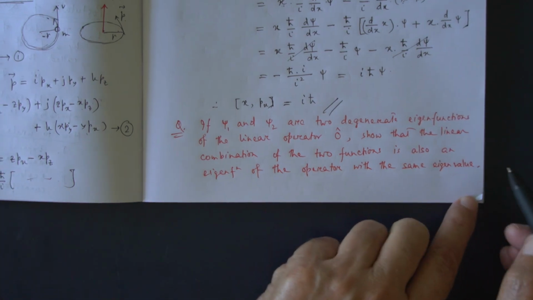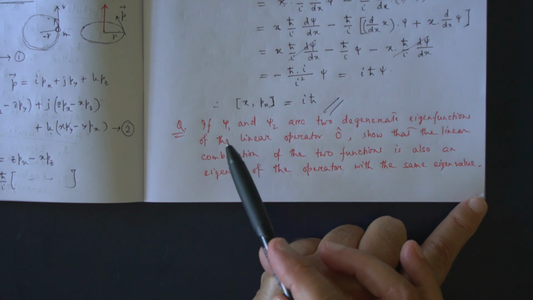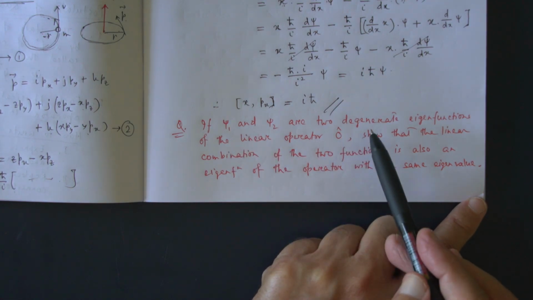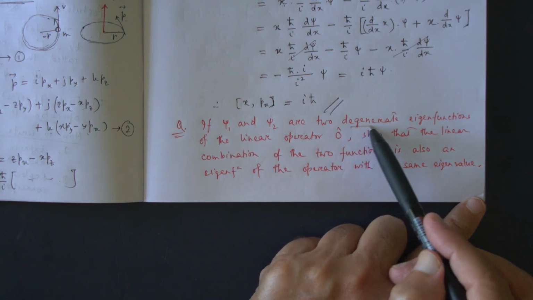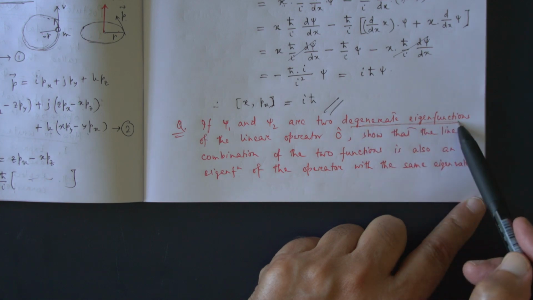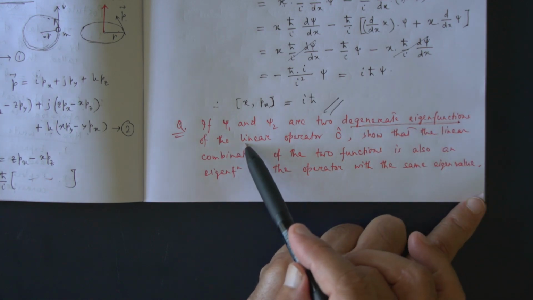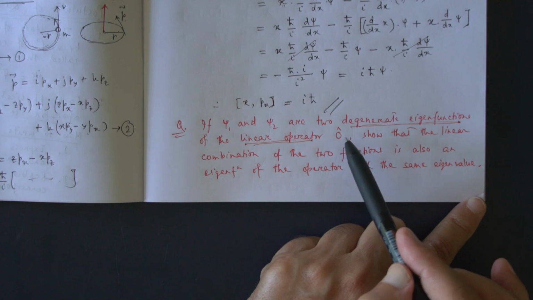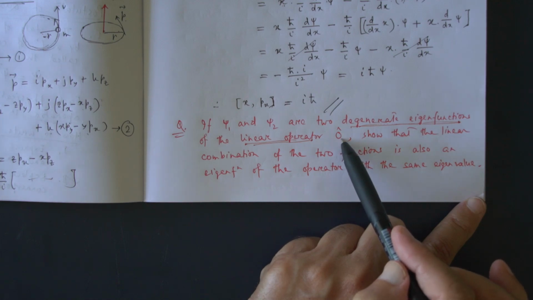Okay, so what is the question? Psi 1 and psi 2 are two degenerate eigenfunctions of the linear operator O cap.